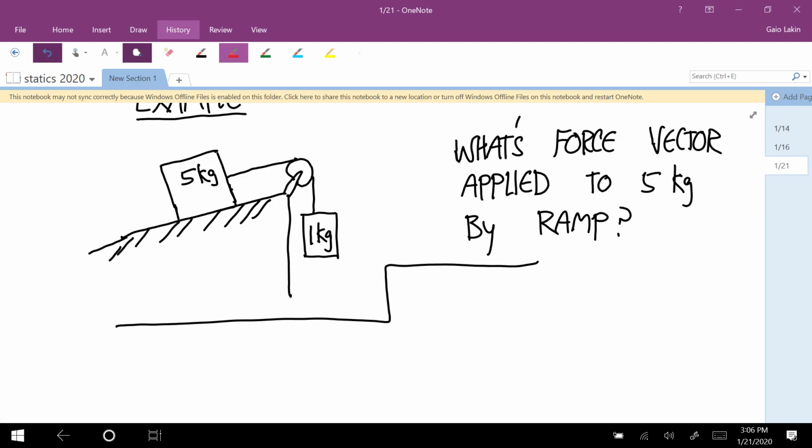We need to know the angle that this ramp's at. Let's say it's 20 degrees with the horizontal.